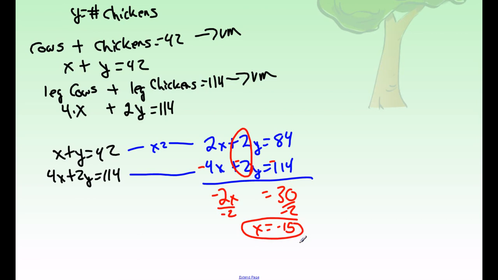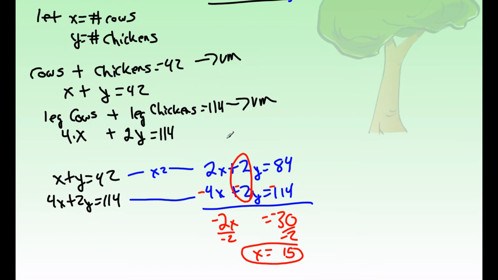That does not make sense. I know why. Because this was supposed to be a negative 30 right here. Which means now when I divide, I don't get a negative 15, I get positive 15. I knew negative 15 didn't make sense because there's no way you can have negative 15 cows. That doesn't make any sense at all. So positive 15 cows.